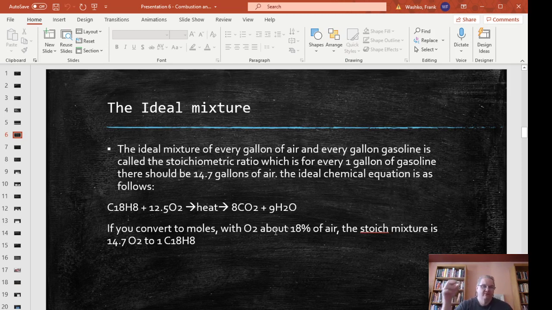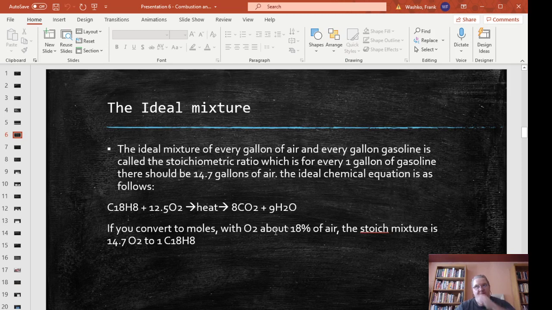If we do that conversion and recognize that air is 18% oxygen, what you actually end up with, if you talk about air to fuel mixture, is 14.7 air to 1 C18H8. And that's how you get to the 14.7.